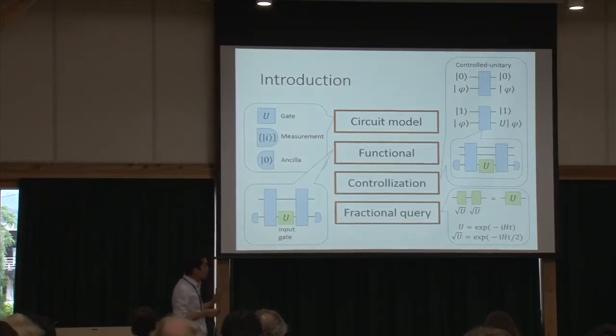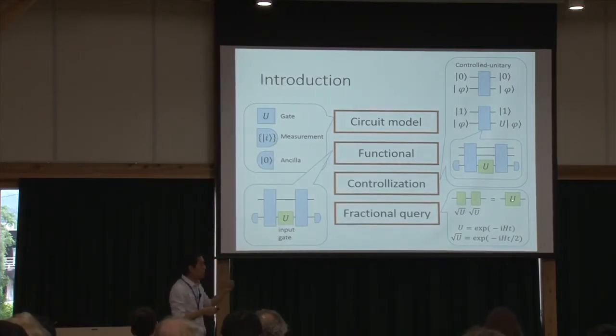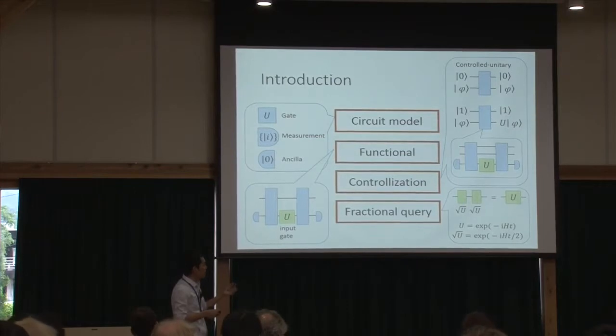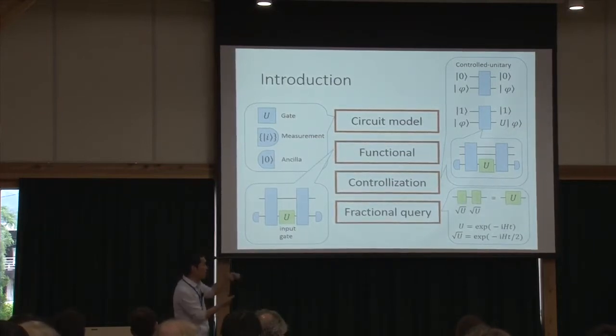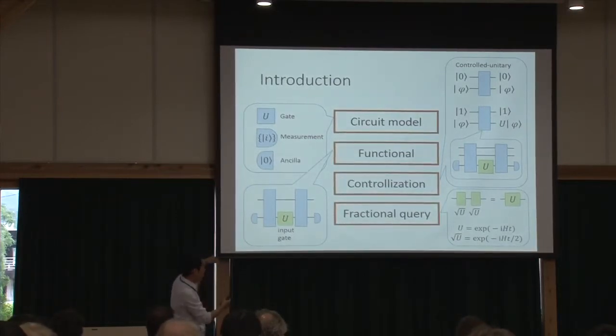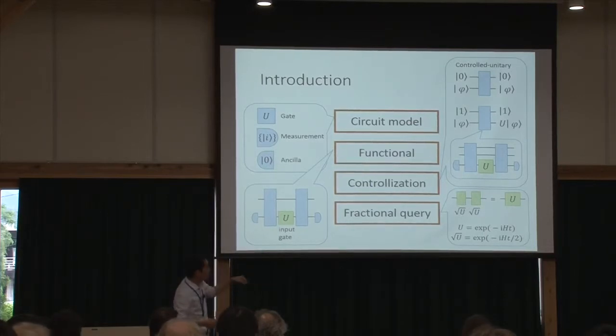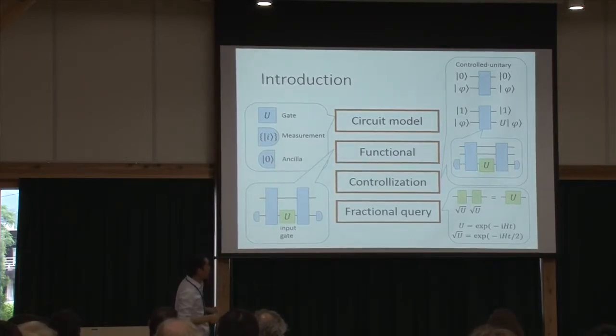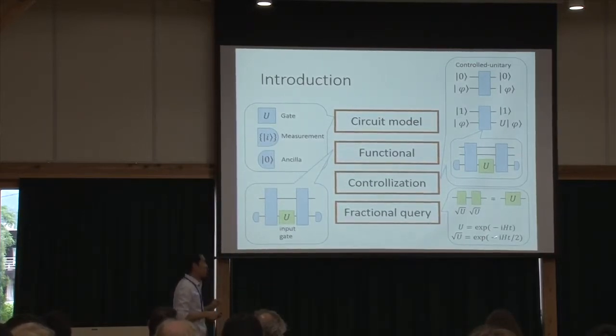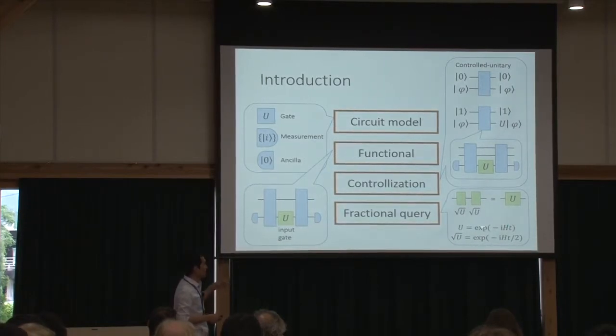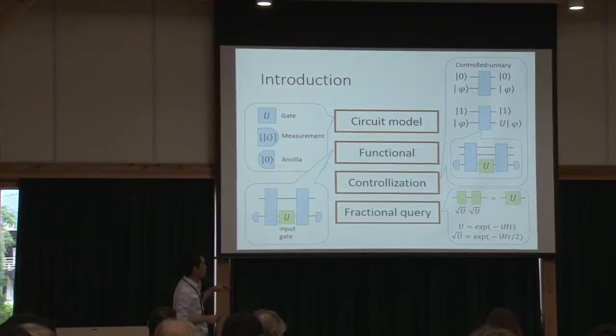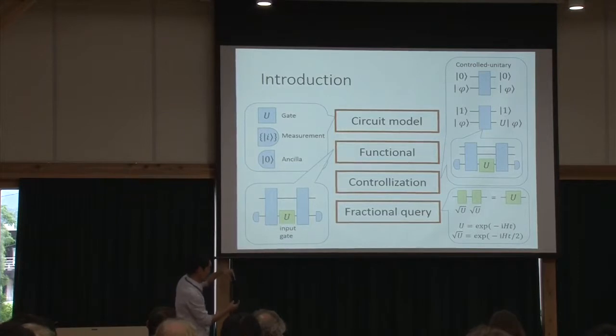And usually in these quantum simulations, what you do is you implement small increments of time, and then you implement each increment individually. So in that case, it's natural that you can choose fractional queries, because you're just referring to each increment.